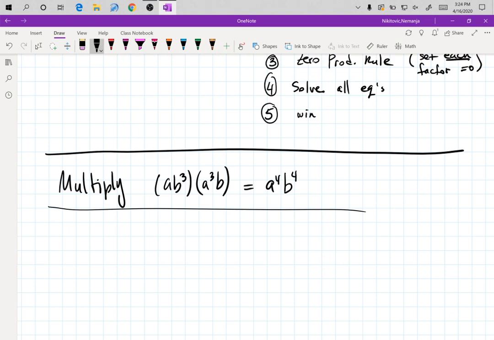You can have whole expressions: (a plus b) squared times (a plus b) to the fourth. That is also the same rule. All you do is you add exponents and you will get 6 as the exponent there.